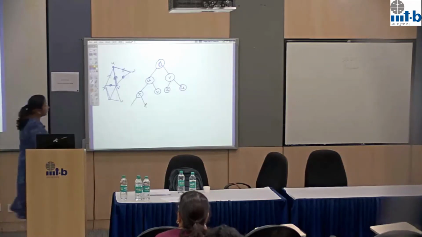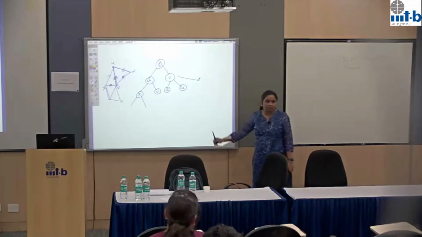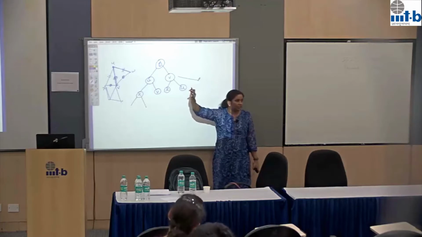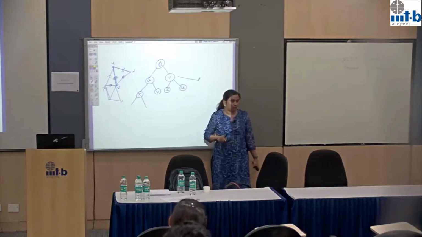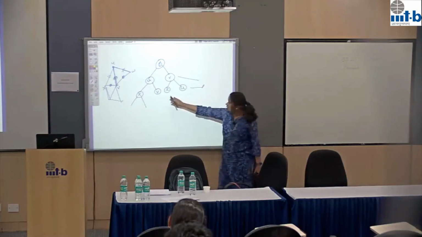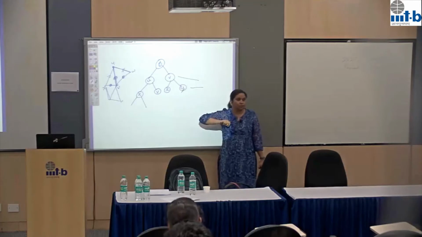Yes, right? So here what happens, at this level of the tree, you have taken either U or V. That means your partial vertex cover contains one vertex. In the next level, all these nodes correspond to a partial solution which contains 2.